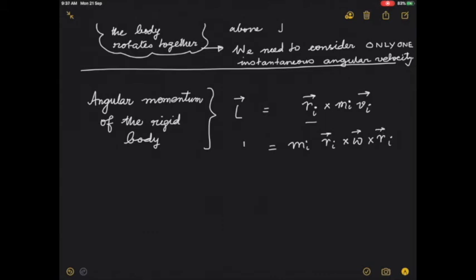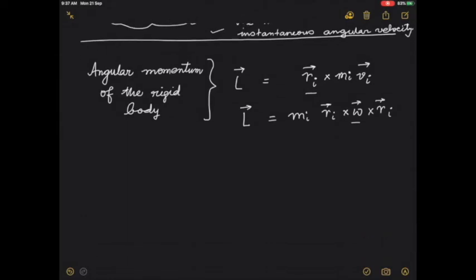Keep m_i here, so this becomes m_i r_i cross omega cross r_i. And this omega, as you can see, is taken to be same for all points in the body, and that is what we have just proven here. So that is all right. So you can take that to be same in all points in the body.